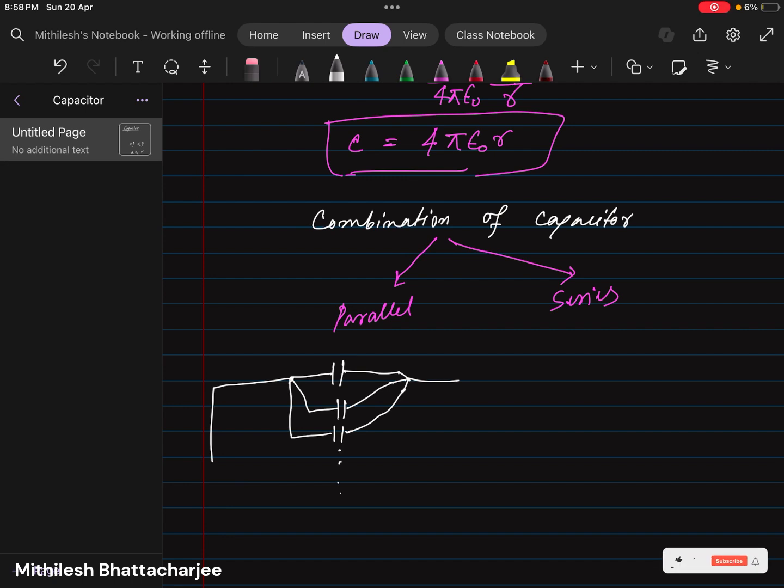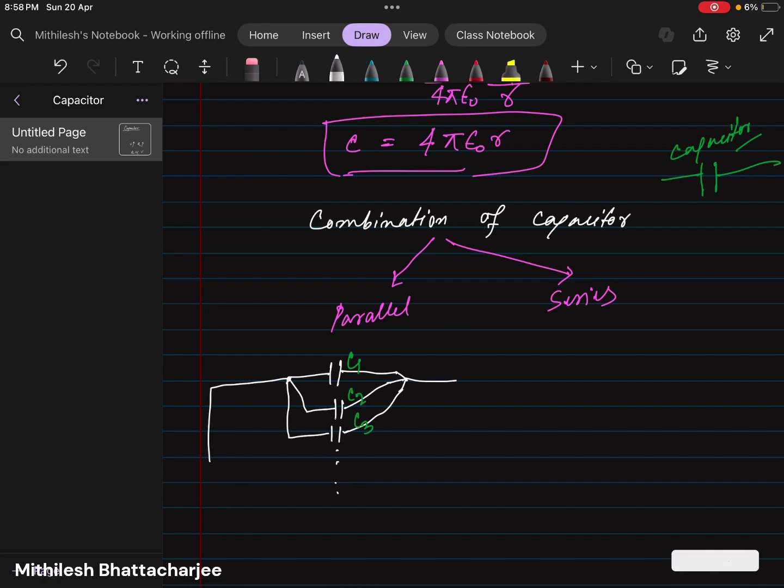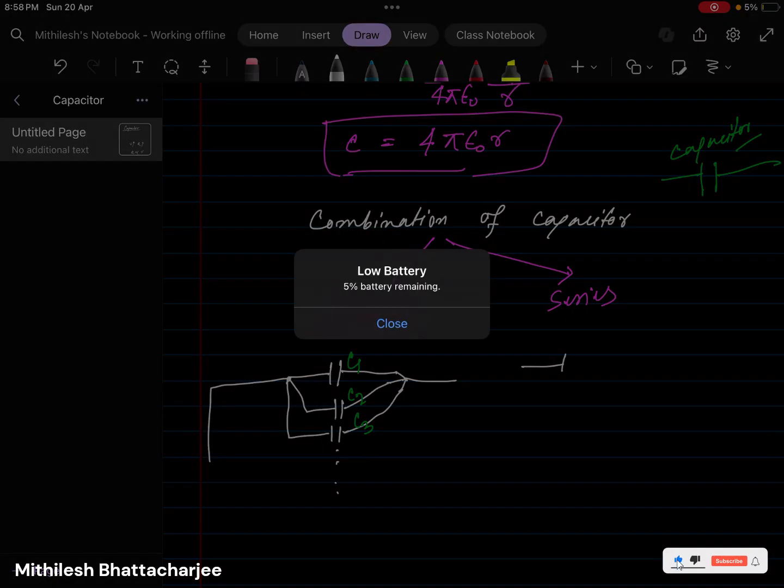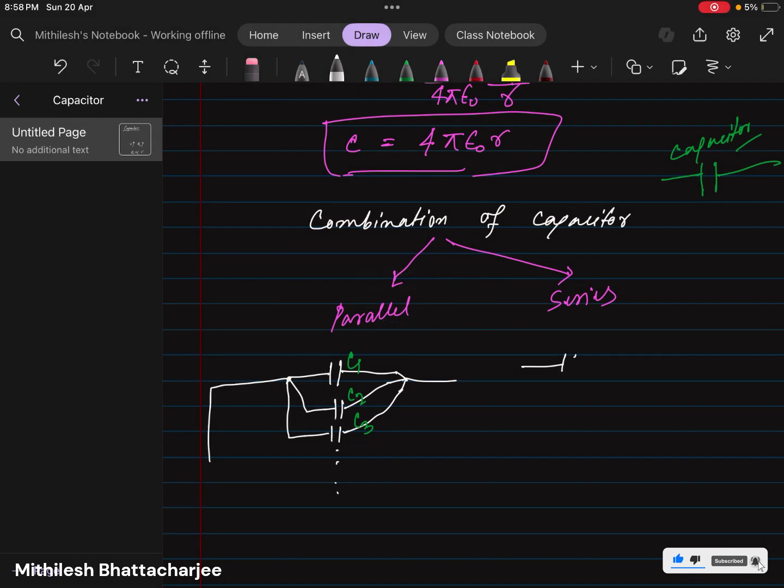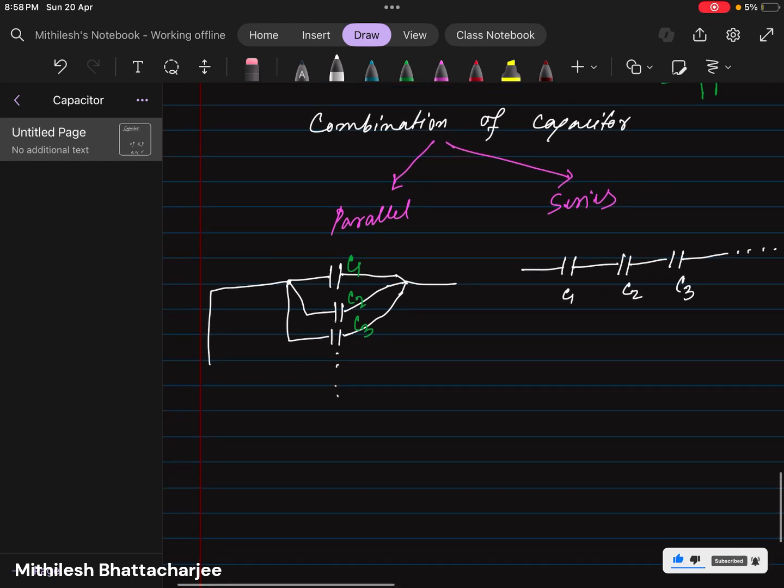So this is C1, C2, C3. We denote the capacitor like this. And the series, we will denote like this: C1, C2, C3. Just remember, this is very easy.